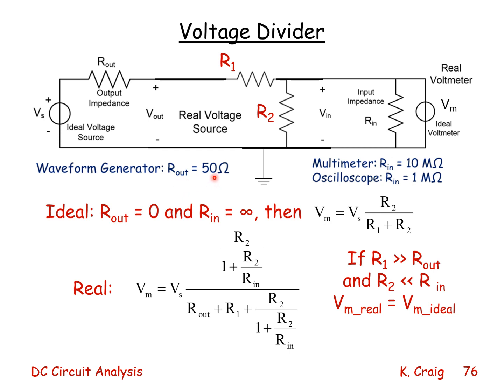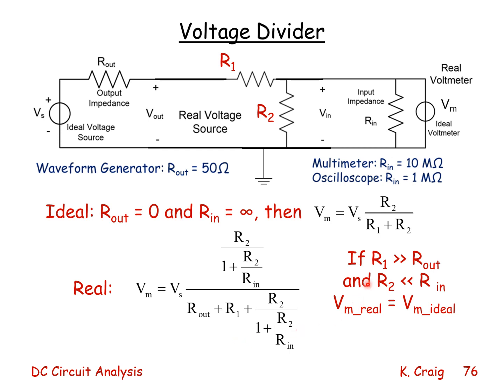If we include these values in our analysis, we see that R out for the voltage source is in series with R1, and R2 is in parallel with R in for the real voltmeter. So if we include that in our analysis, then the real voltage divider is given by this expression here.